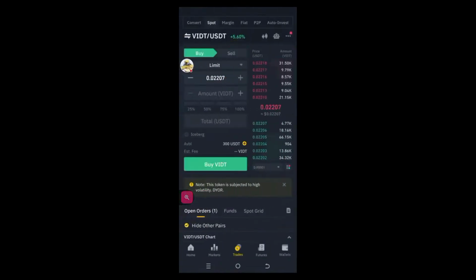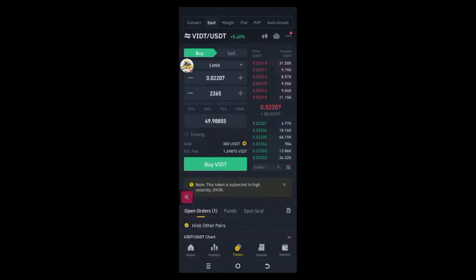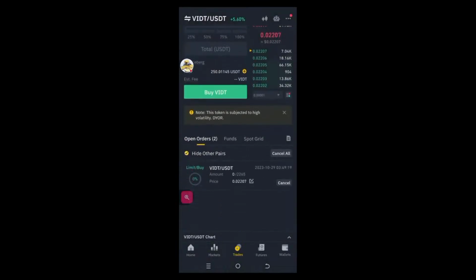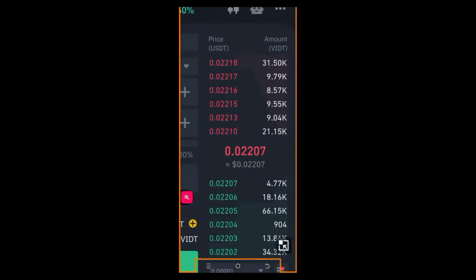Let's put in $50. Let's see. It looks like it's in the queue, but I can cancel that. That means it wants me to buy at a higher price. 2210.